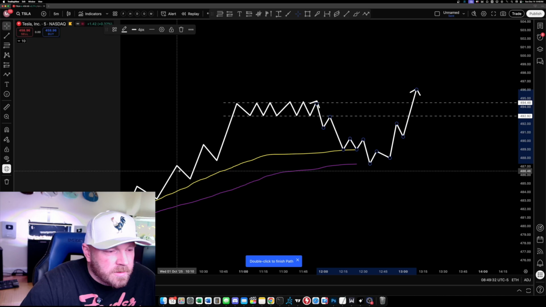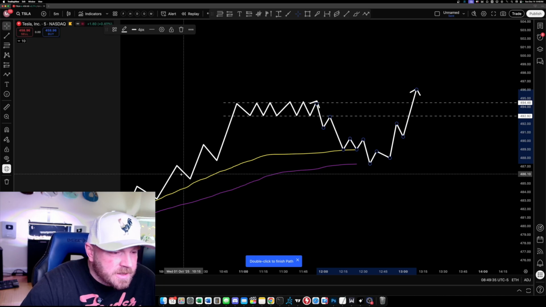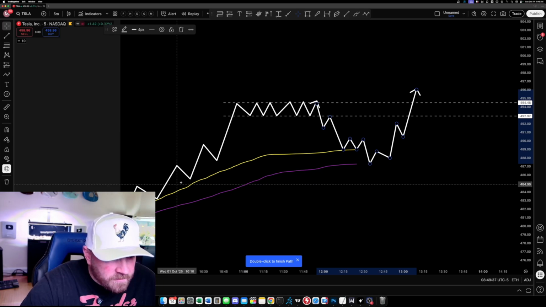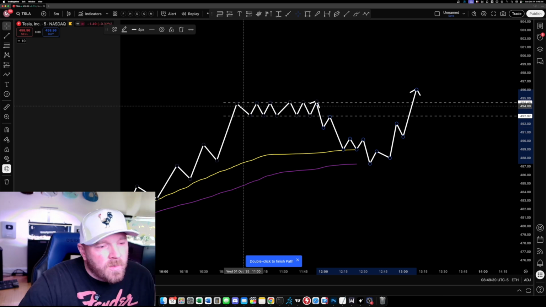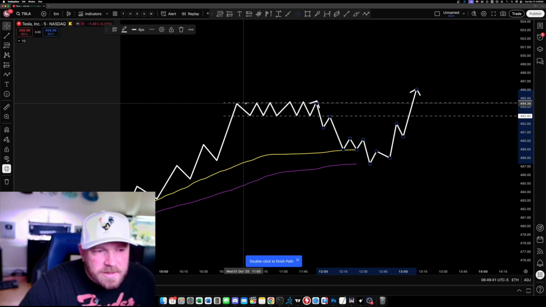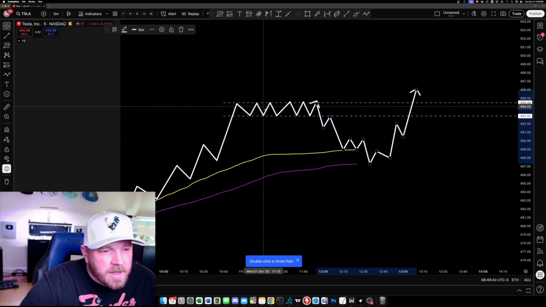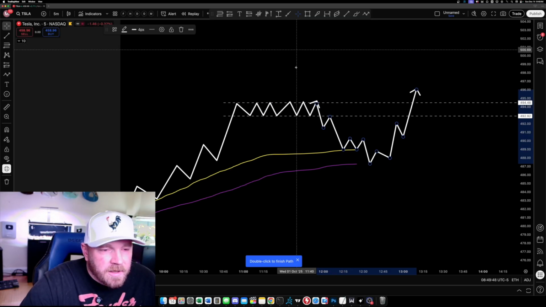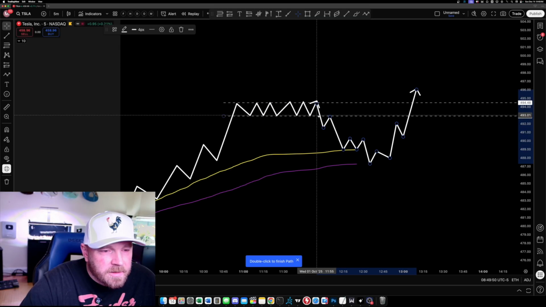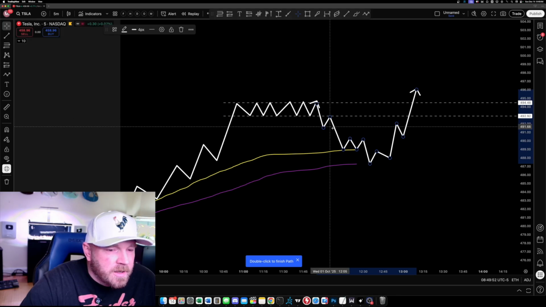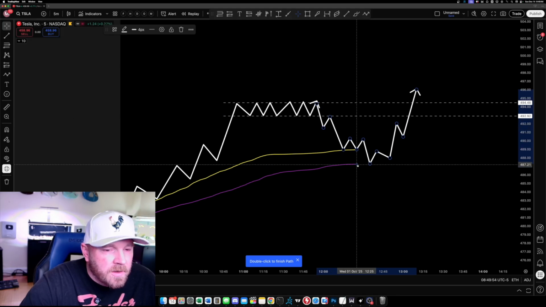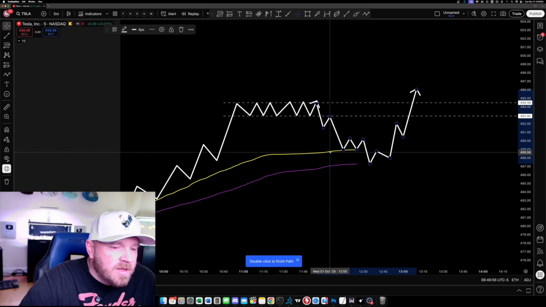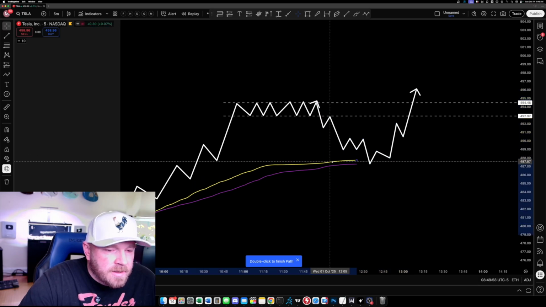I'm looking for bull flags, opportunities to get in, maybe a bounce off of a moving average on the way up. Once it hits this consolidation, I'm paying attention to price, and I'm saying, okay, when it starts consolidating here, what's above? If there's nothing above, then are we going to get a breakdown from here? Are we going to retest the 50, or are we going to go back to VWAP? Maybe the 50 and the VWAP are at the same spot.